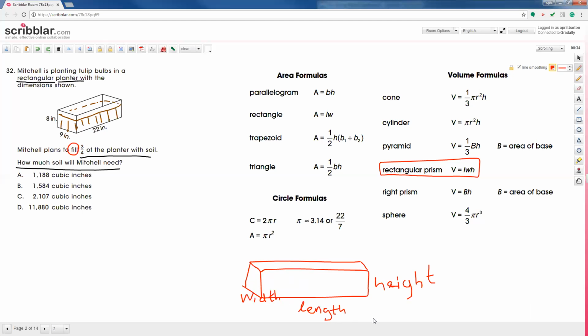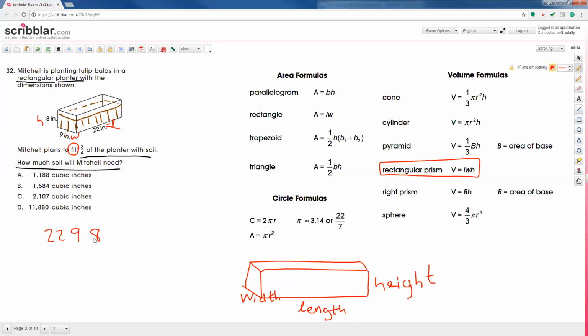So length, width, and height on the rectangular prism, they've basically just written it out for you. We have our length, we have our width, we have our height, and the formula has the letters touching each other. Our length is 22, our width is the middle one, that's 9, and our height is 8.